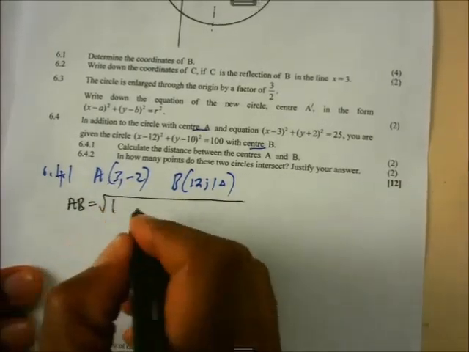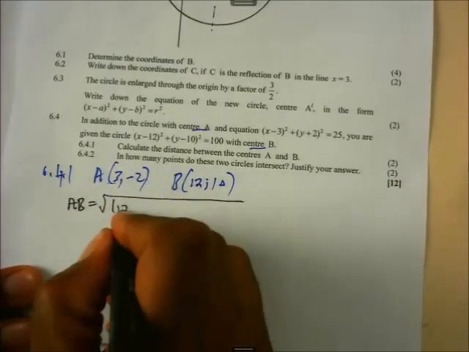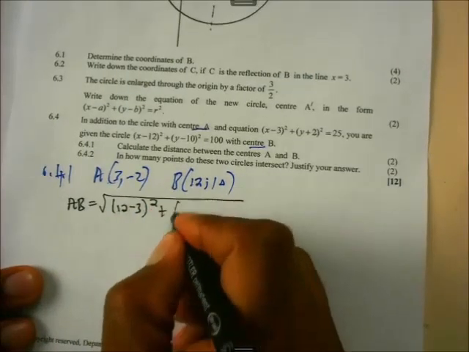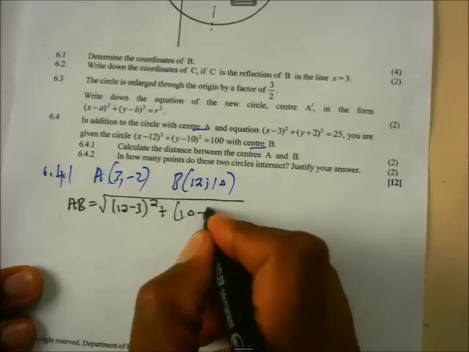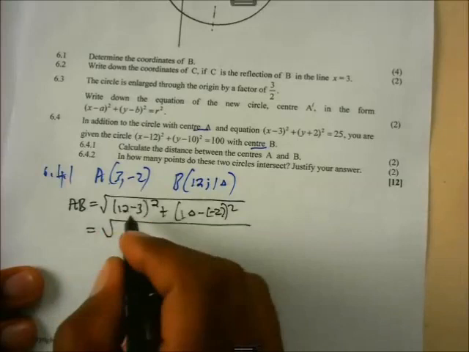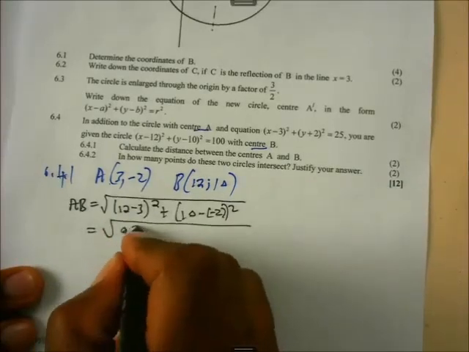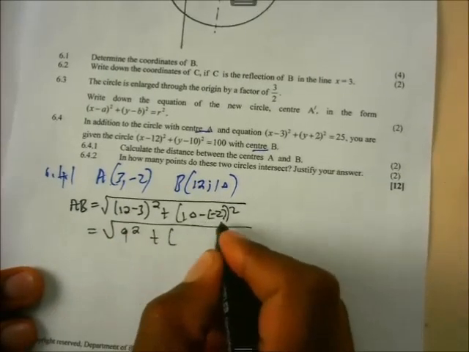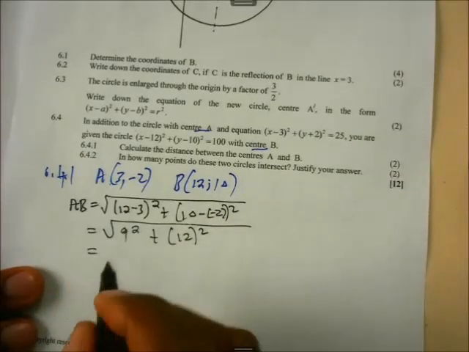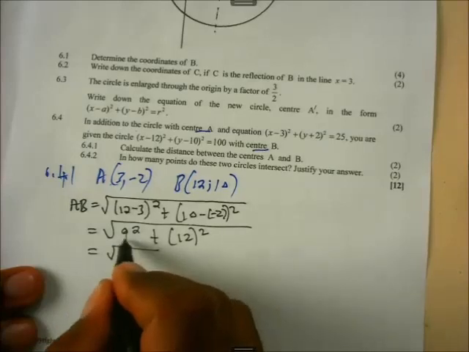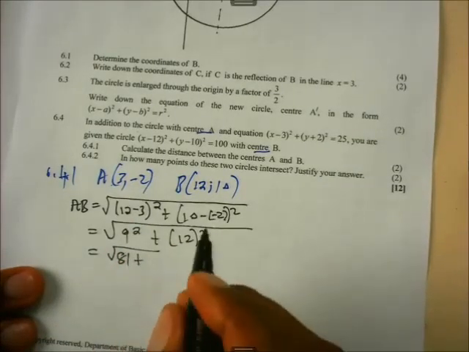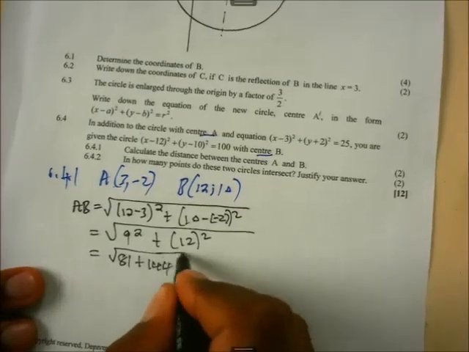it's the square root of (x2 minus x1) squared, so it's (12 minus 3) all squared plus (10 plus 2) all squared. From here, 12 minus 3 is 9 squared, plus 10 plus 2 will be 12, then we square it. Now 9 squared is 81 plus 12 squared is 144.